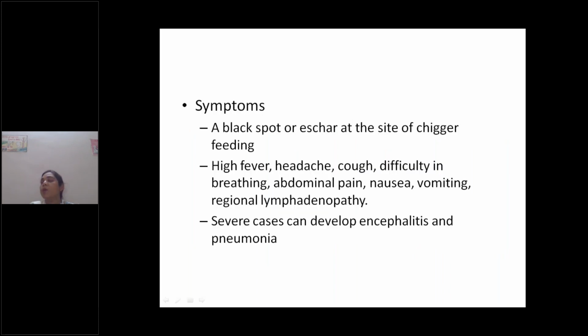Symptoms. What are the symptoms of scrub typhus? Yes. So what I have taught you: at the point of entry, where the mite bites you, there will be a maculopapular rash and formation of an eschar. So the first symptom that you can notice is a black spot or an eschar at the site. Next, what will happen?